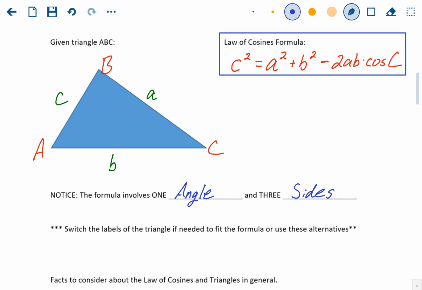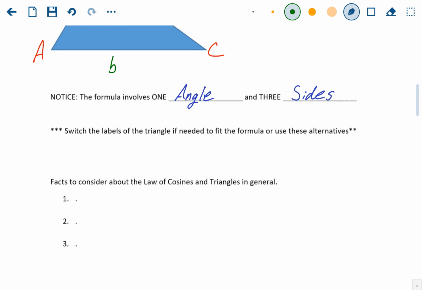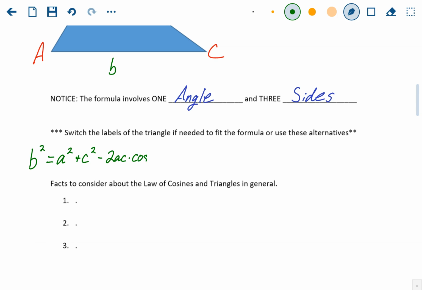Notice this formula involves one angle and three sides. Okay. Law of sines didn't have that. Law of sines had an angle on a side and another angle on a side. Okay. Now we just picked A, B, and C arbitrarily. So you could switch, the A, B, and C's, they don't really matter. So there's really three forms of this.